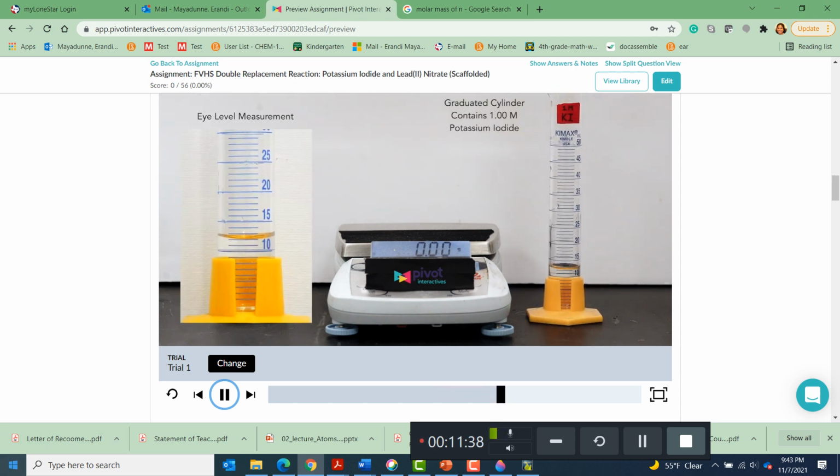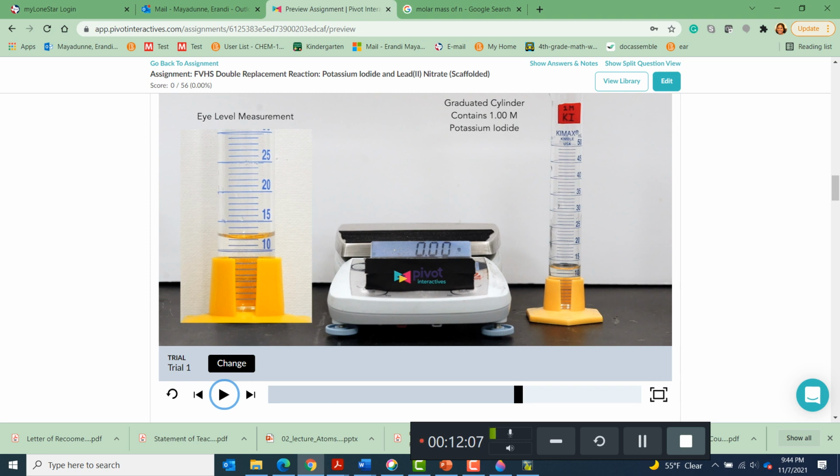The eye level measurement is given in the same cylinder, which is 12 milliliters of potassium iodide. They are using 12 milliliters, and the concentration is 1 molar.